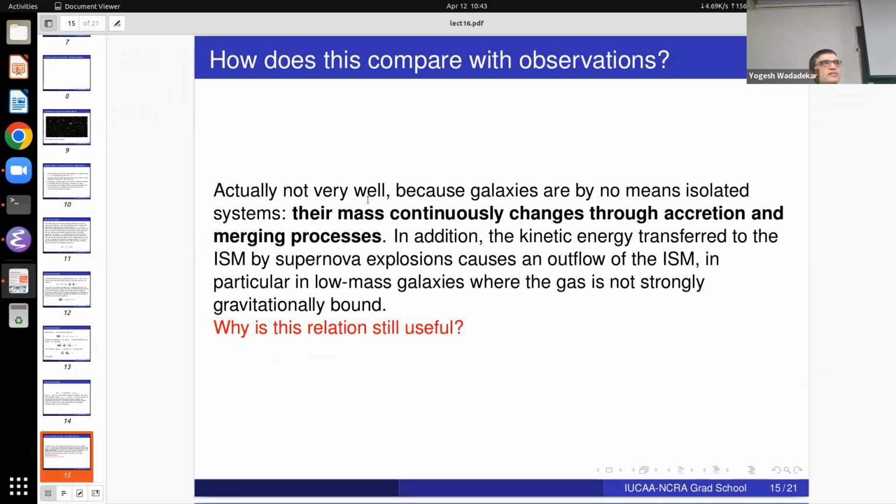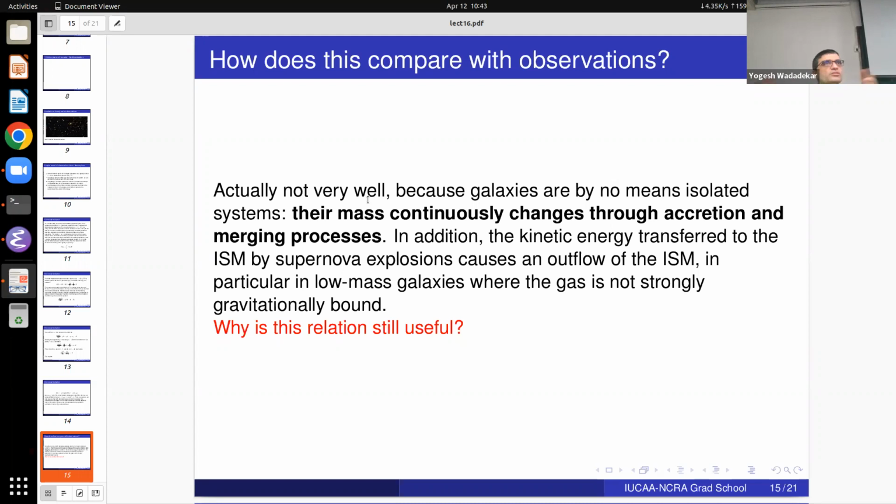Conserved, yes. Correct. So for example, if you predicted a metallicity of X, let's say, and your observed metallicity is X by 2. What does that indicate? Yes, there is some loss of metals which will not come back.